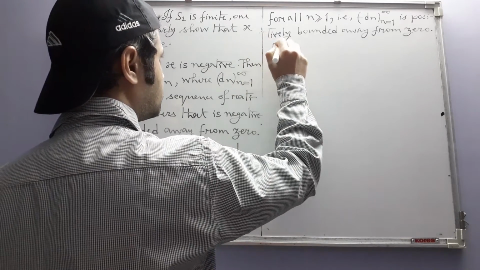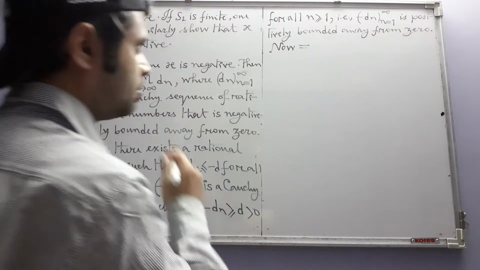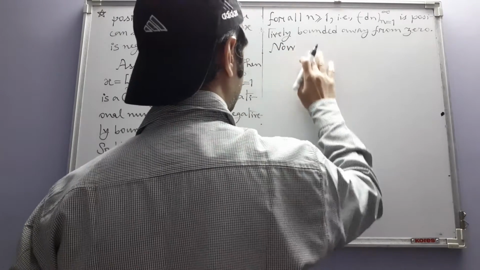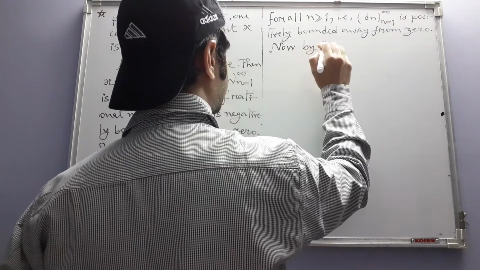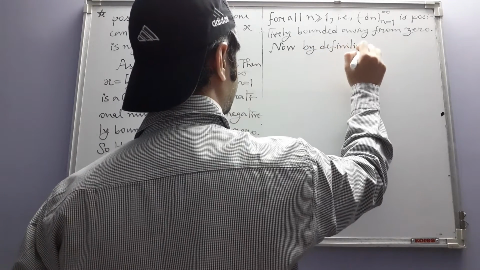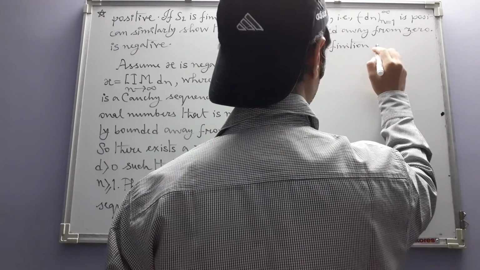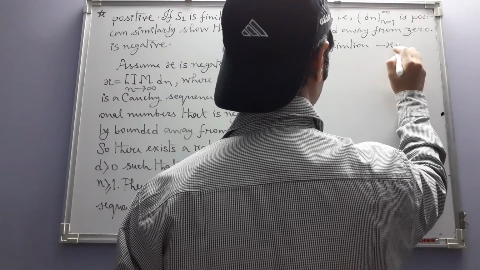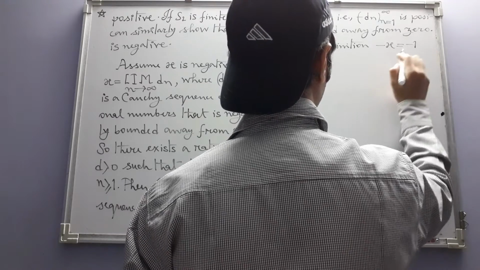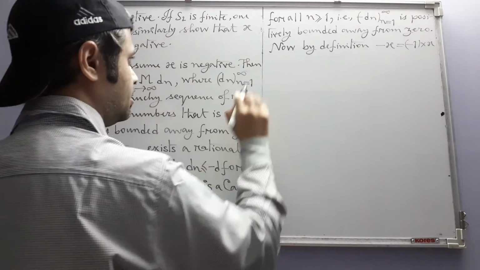Now by the definition of negation of a real number, minus x is minus 1 times x. That's how we define negation.